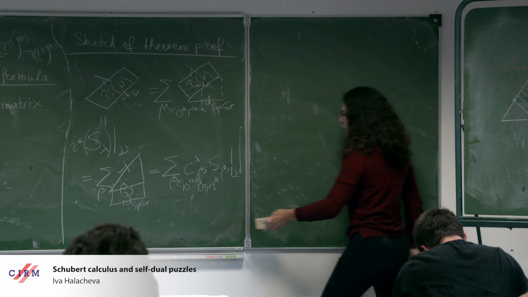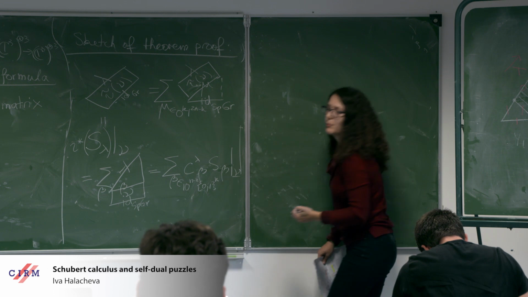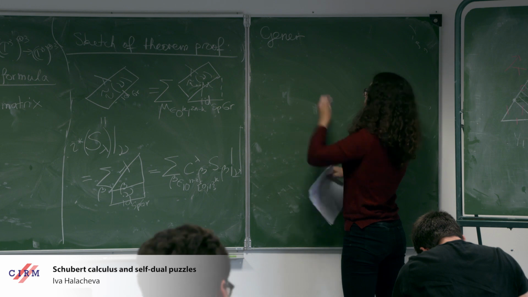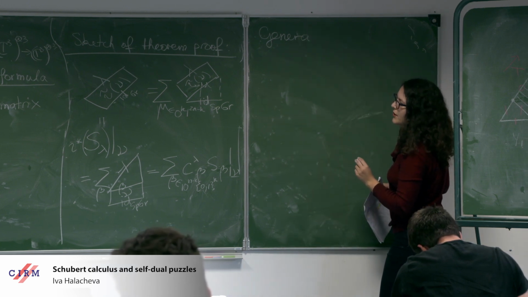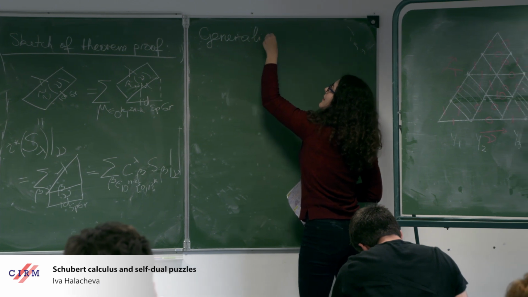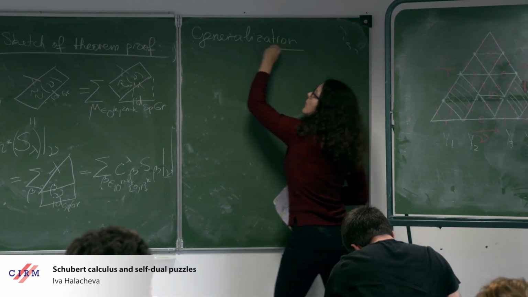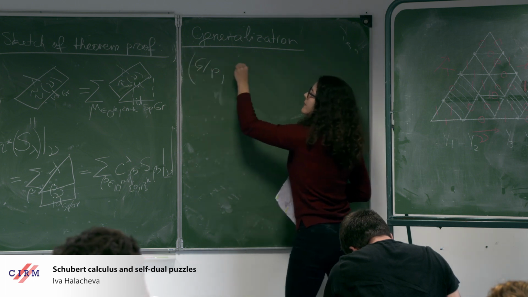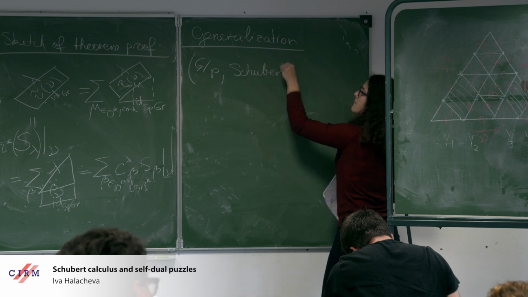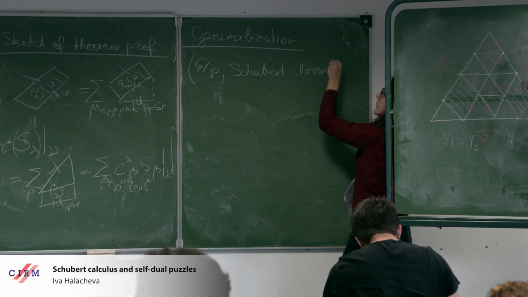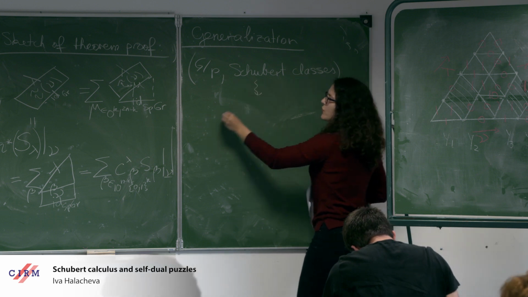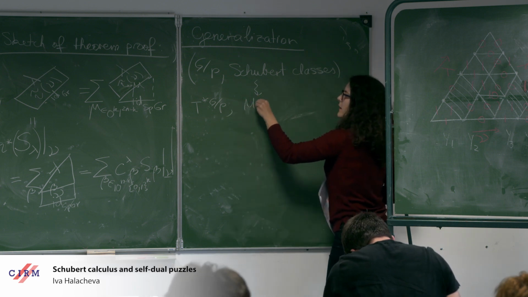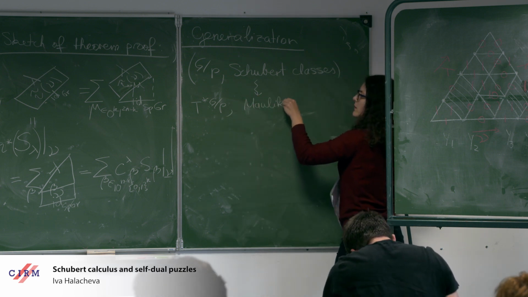Okay, so let me say a little bit about generalizations for this, where we are hoping to involve some more geometry in thinking about these puzzles. This is where it's going to be a little bit sketchier and more schematic. So far I was telling you about partial flag varieties and Schubert classes. So we'd like to generalize this to the cotangent bundles of partial flag varieties and Maulik-Okounkov stable classes.